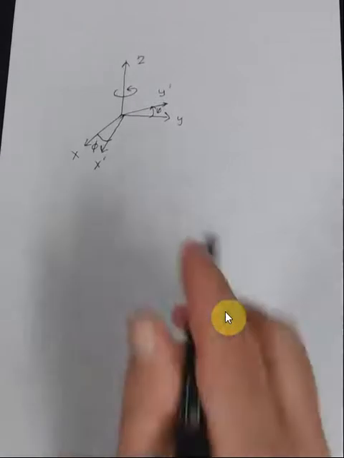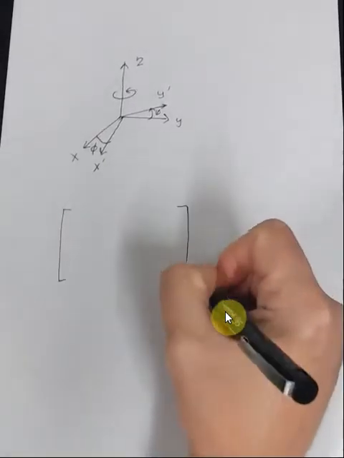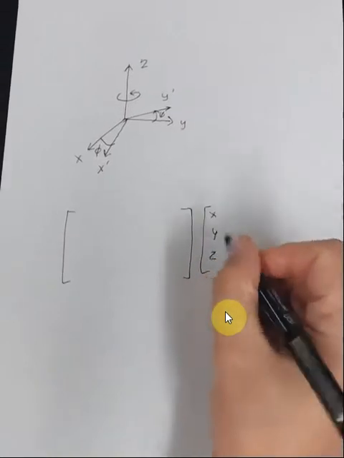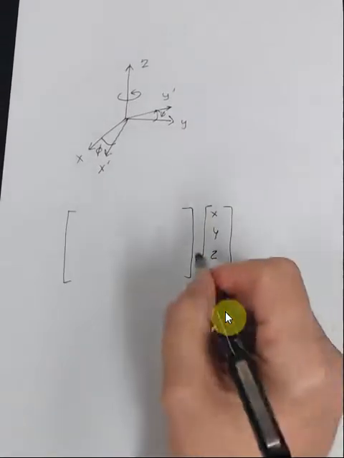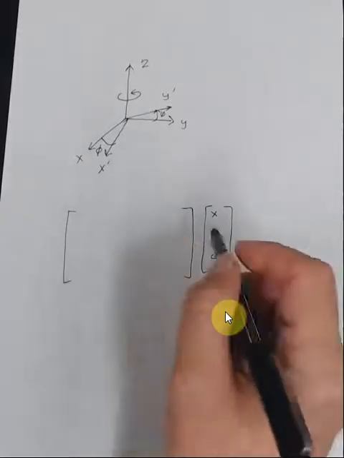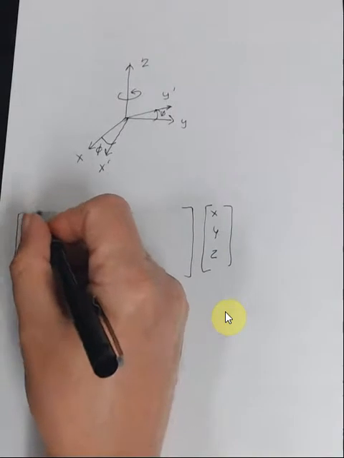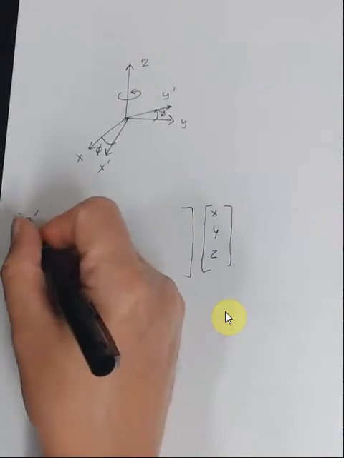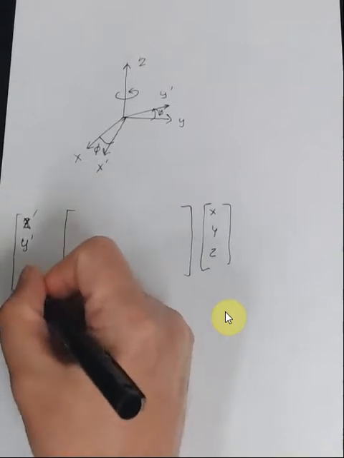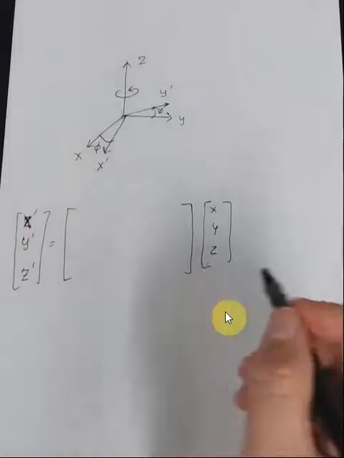So to do that mathematically, we take our original x, y, and z, and then we're performing an operation on them, we're rotating them. I'm going to start with x prime, y prime, and z prime equals, it's x.